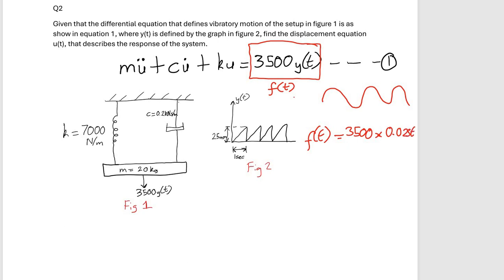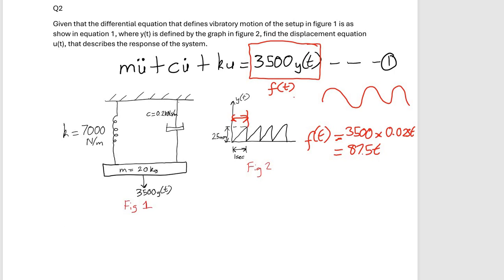Let me expand it further. This is going to be equal to 87.5 t. But what does this mean? This function is only valid on this particular interval.